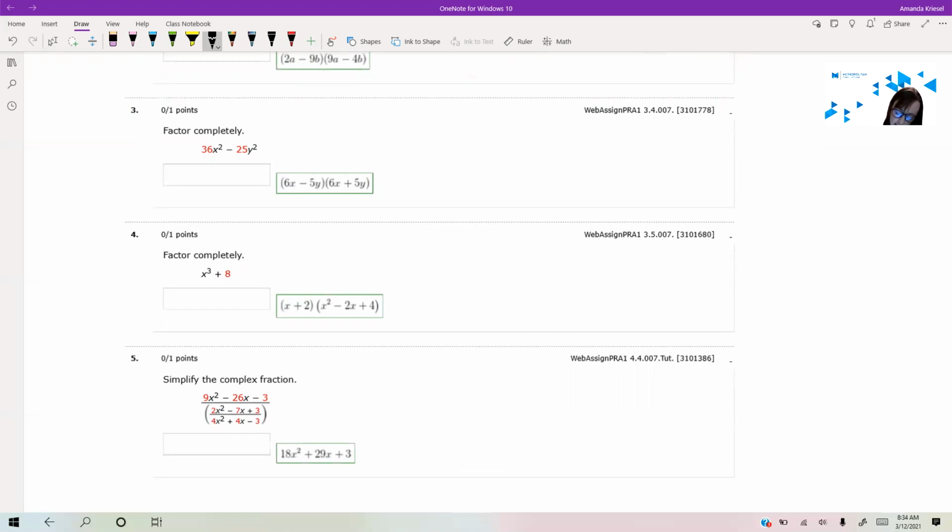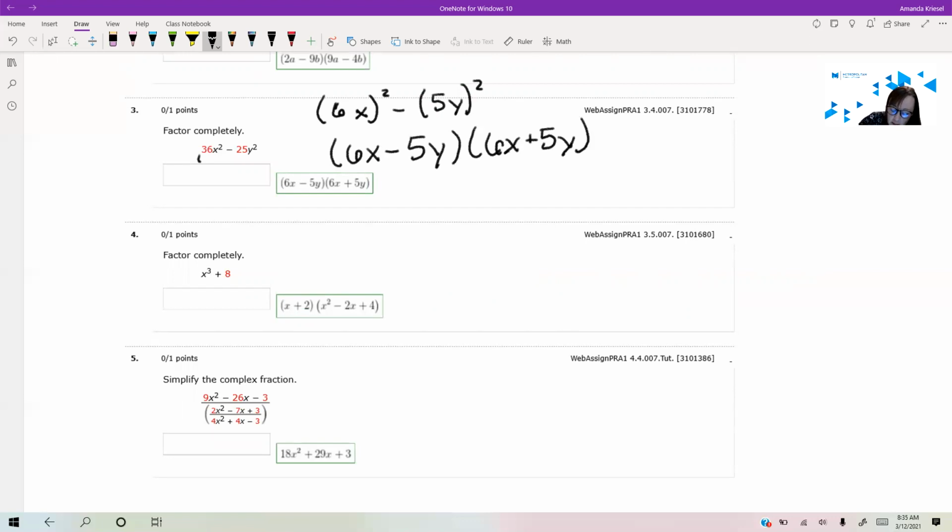In this case, I see that the first term, 36x squared, we can express as (6x) squared, minus, and the 25y squared we can express as (5y) squared. Because of that, we have a difference of squares form. So this is going to factor to be 6x minus 5y and 6x plus 5y. That one factors very quickly.